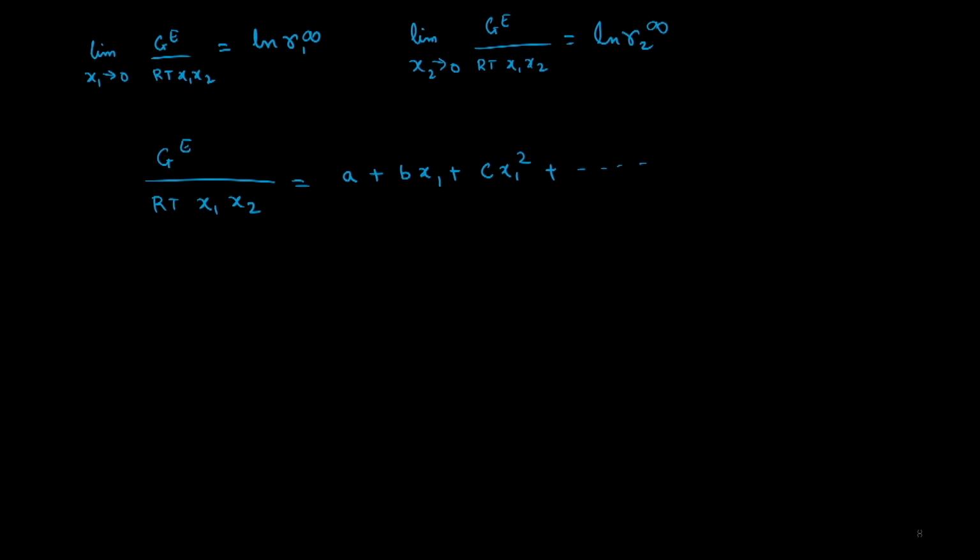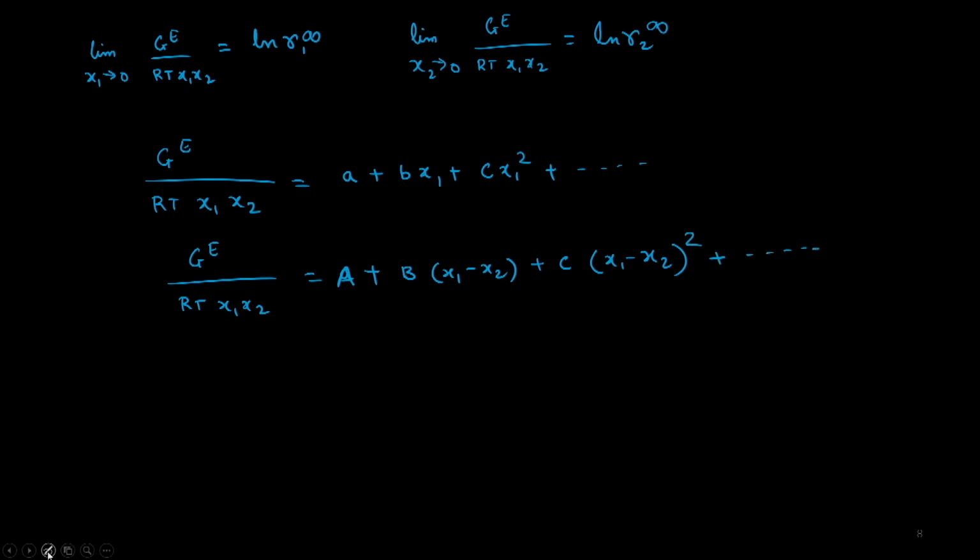We can reduce it into a more mathematically convenient form as GE by RT x1 x2 is A plus B (x1 minus x2) plus C (x1 minus x2) whole square plus so on. These expansions for GE by RT x1 x2 are known as Redlich-Kister expansions.